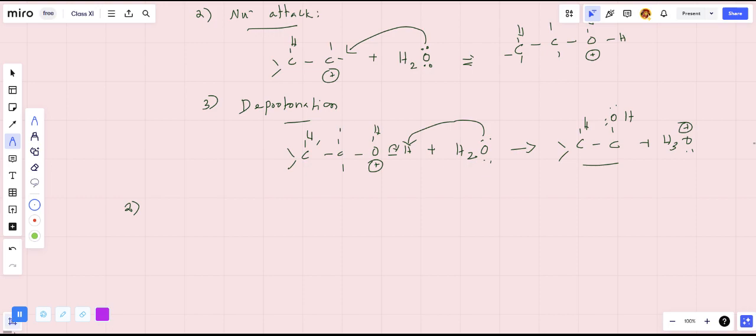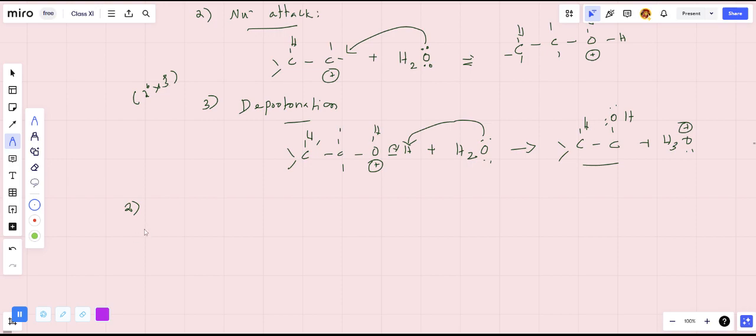The second method, from alkene, is hydroboration oxidation. This method is applicable for secondary or tertiary alcohols.